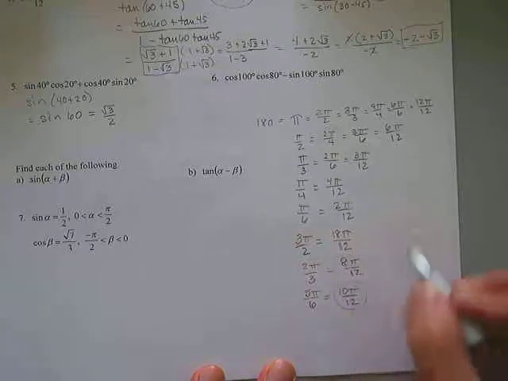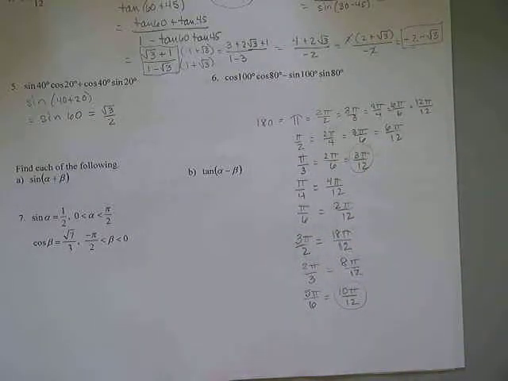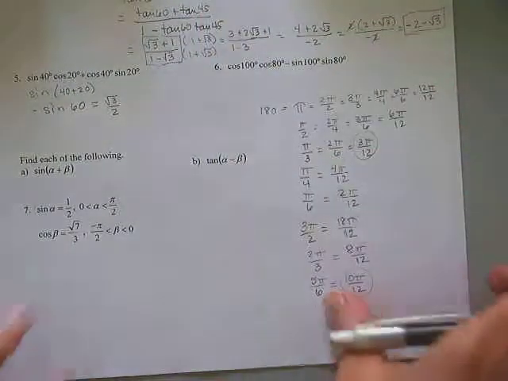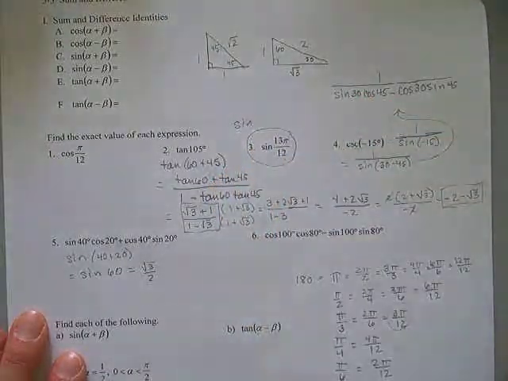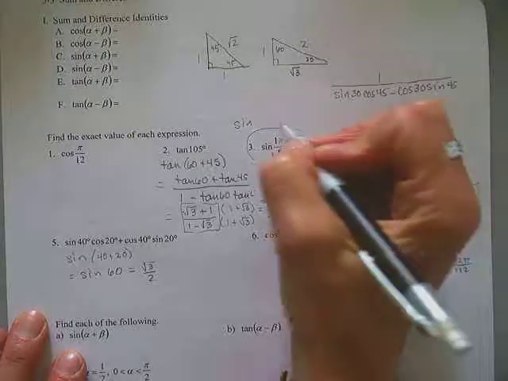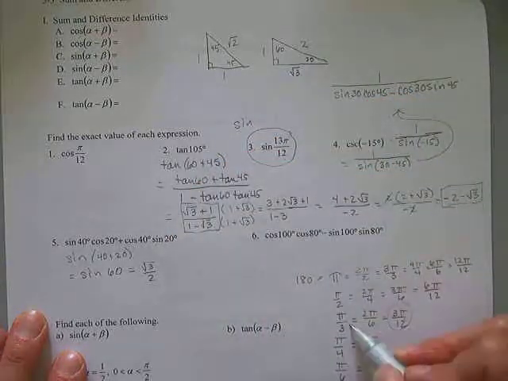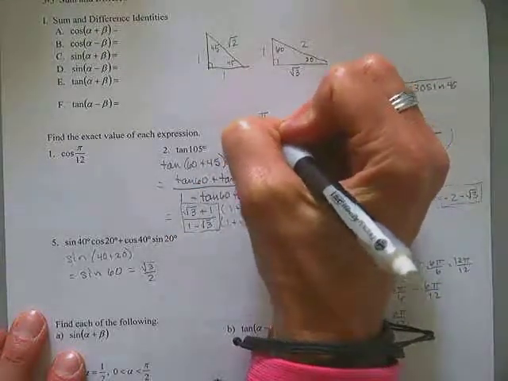Okay, that doesn't help. So I'm trying to think of a way to do that. Maybe 5 pi over 6 is the same as 10 pi over 12. Oh, that'll work.